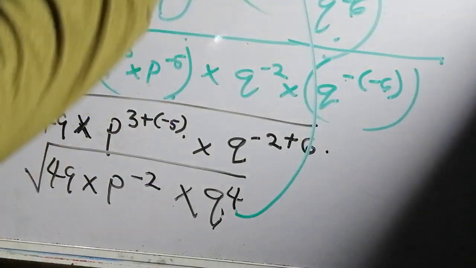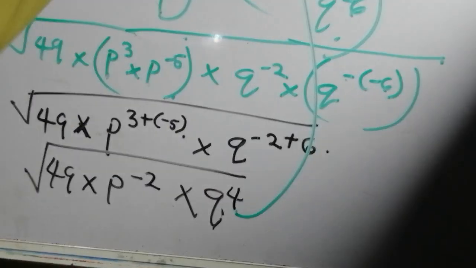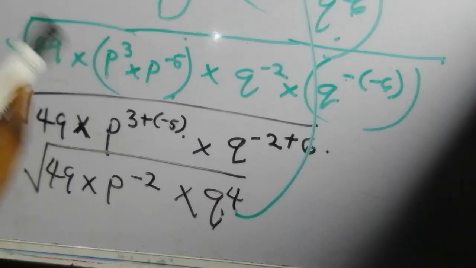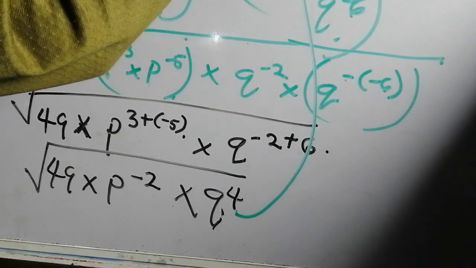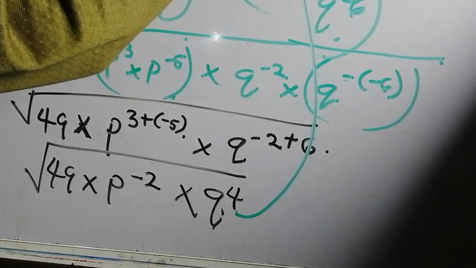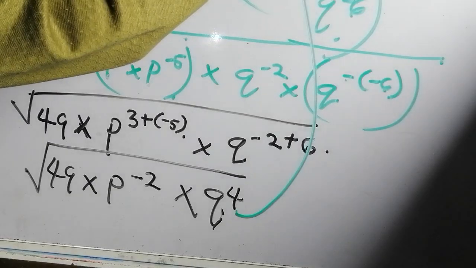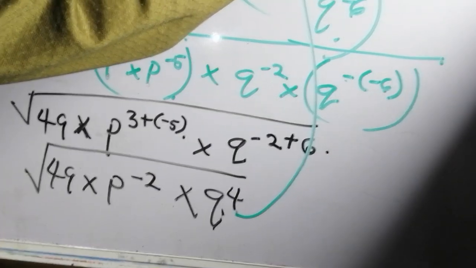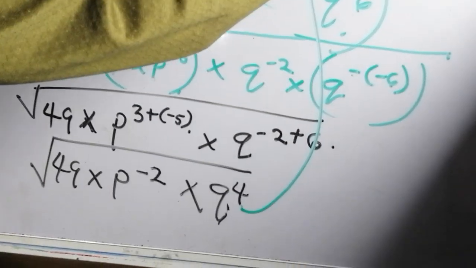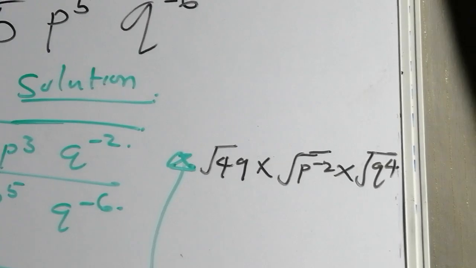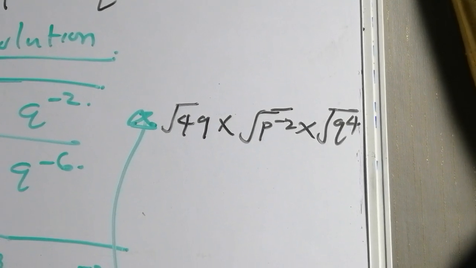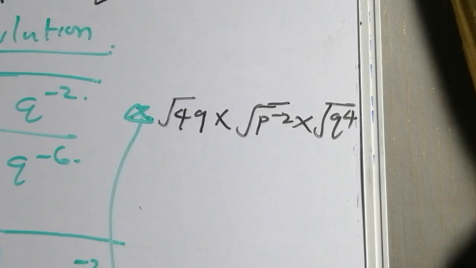So let me continue. Now I can split the square root to everything. This is the same thing as saying root 49 times root p raised to the power minus 2 times root q raised to the power 4, using the multiplication law.